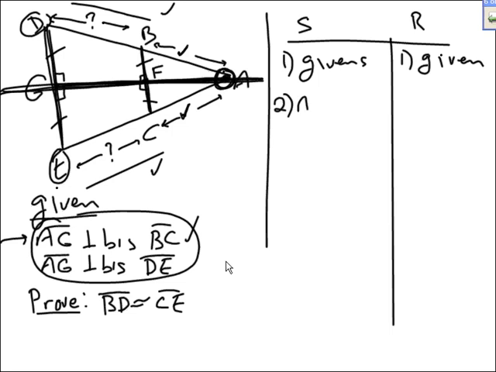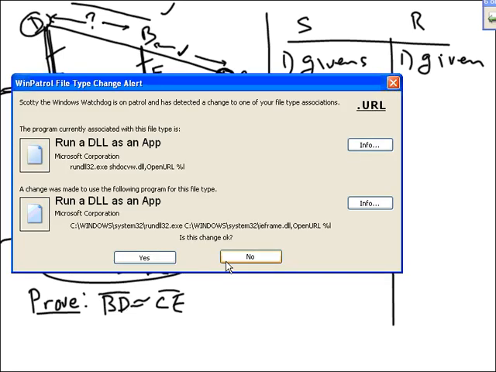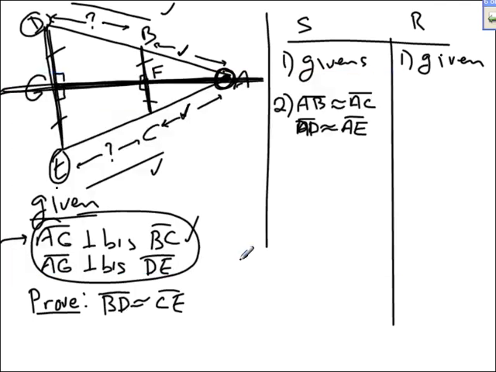I am going to say that AB is congruent to AC, and AD is congruent to AE. And the reasons are, if a point is on the perpendicular bisector of a line segment, then that point is equidistant from the endpoints of that line segment.